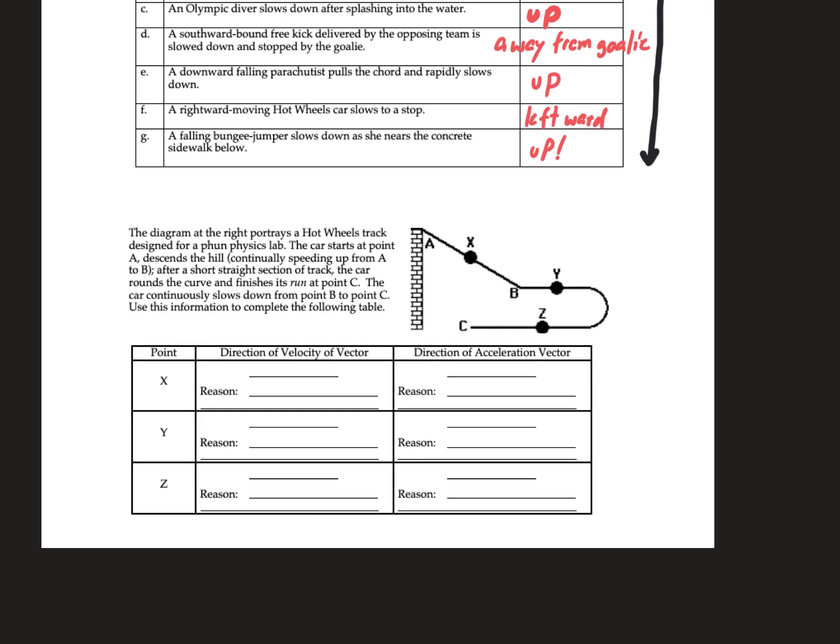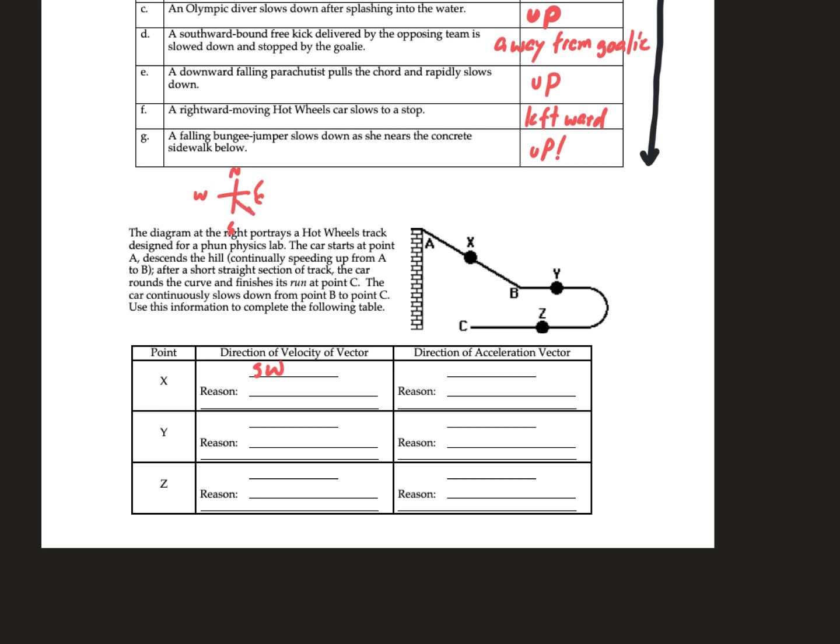On this little Hot Wheels question, basically we're going to have directions using arrows, okay? It looks like from A to B, the thing is accelerating downward, right? So the direction of the velocity vector, I'm going to say, is pointing to the southwest, if we're using our compass rose.